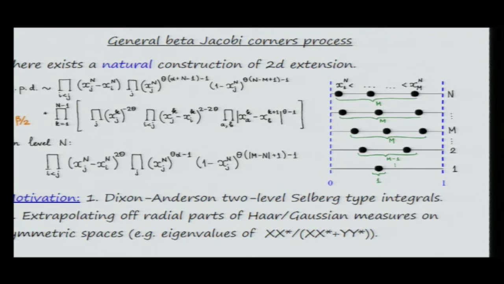Okay? Now, what is this formula, and where is it coming from? There are two sources that are easy to explain. One is that if one goes back to the problem of evaluating the partition function for the beta log gas, that's known as Selberg integrals. There are many different proofs of Selberg integrals, and one of these proofs goes through something called the Dixon-Anderson integral.